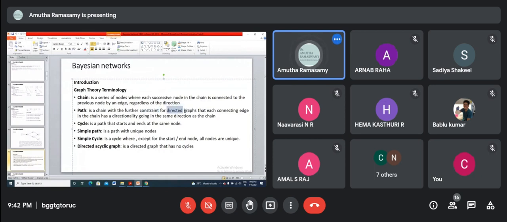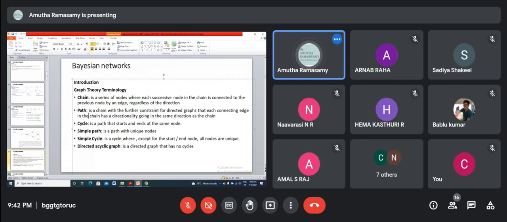So now direction is important, that each connecting edge in the chain has a directionality going in the same direction as the chain. So once it is in the same direction, it has a direction property. If this direction property should be in the same direction, then only we say it's a path.